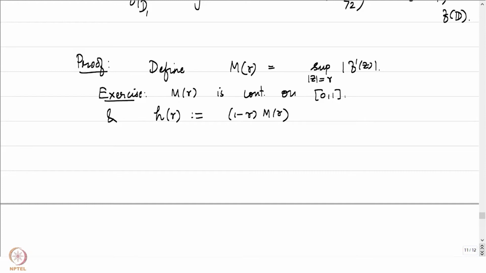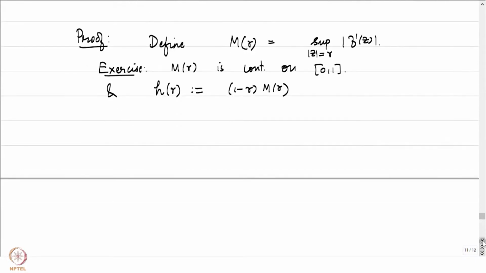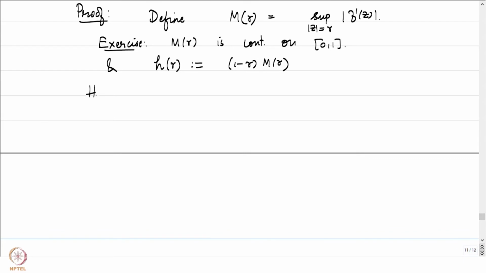Use the uniform continuity of f prime on the closure of the unit disk to prove that M of r is also a continuous function. And if you now look at h, what is h? h is M of r times 1 minus r. Hence h is continuous on 0 1.